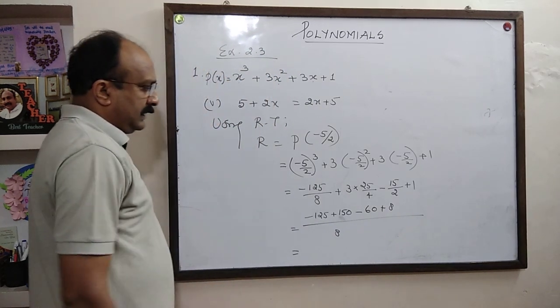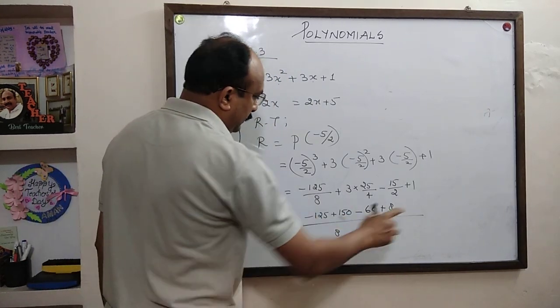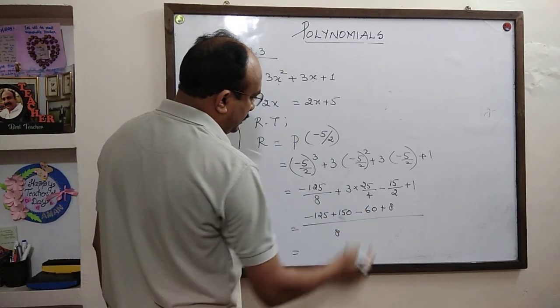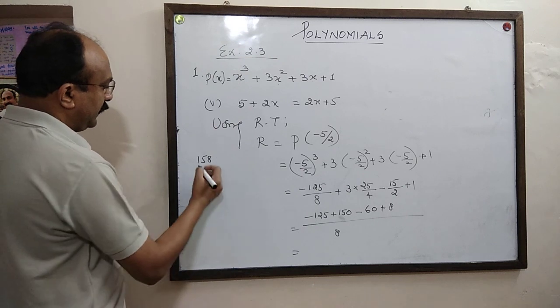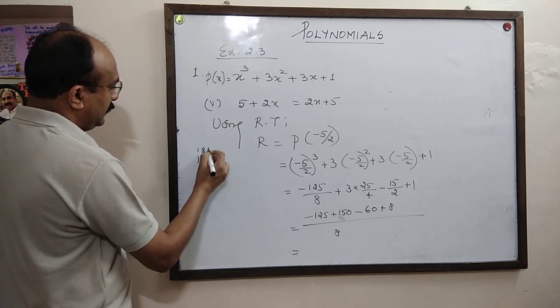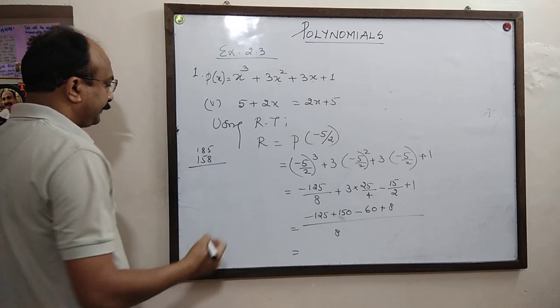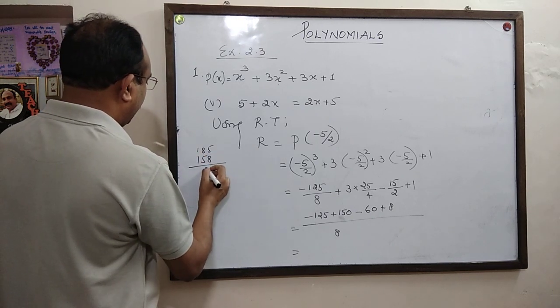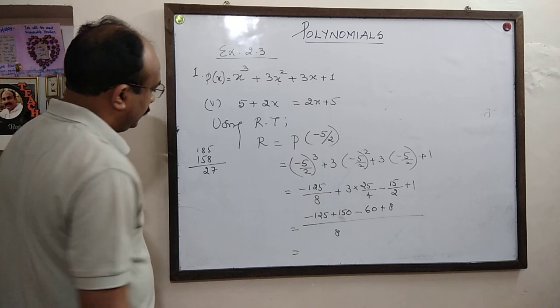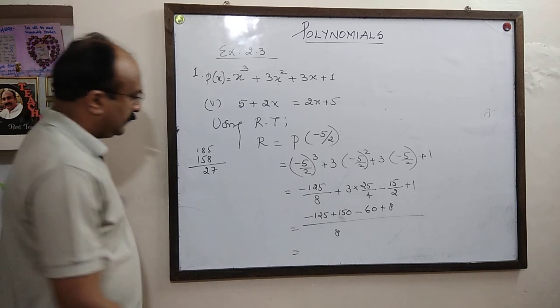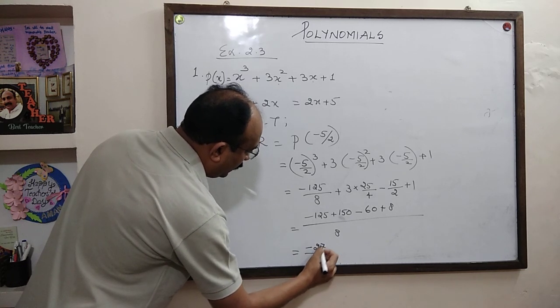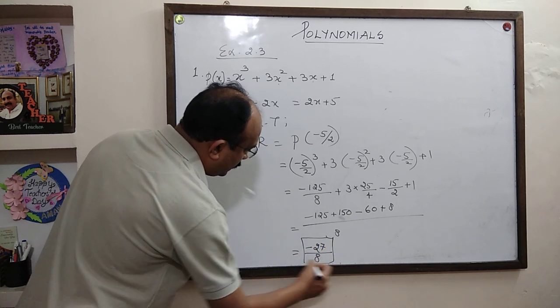That is 150 plus 8, 158, minus 125 minus 60 plus 8... so minus 27 upon 8 is the answer.